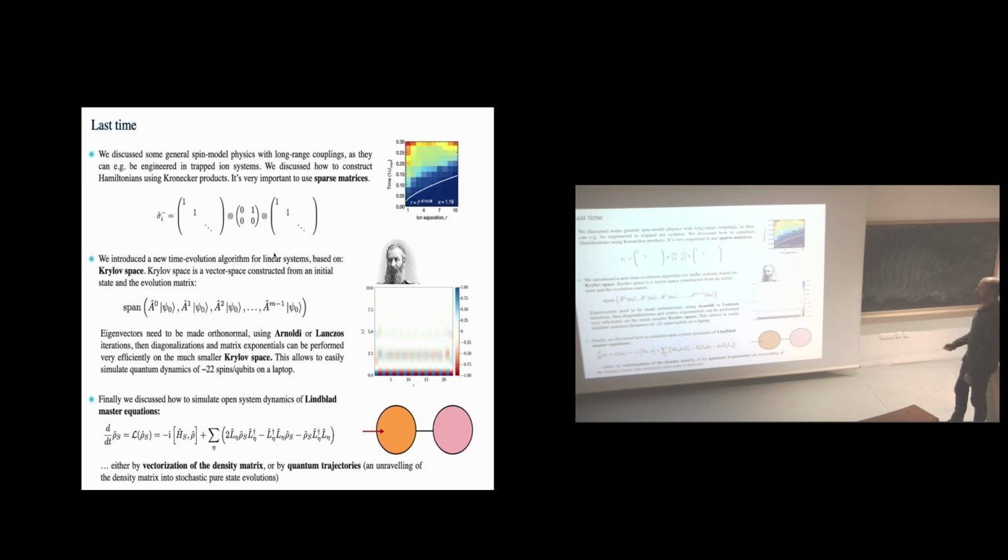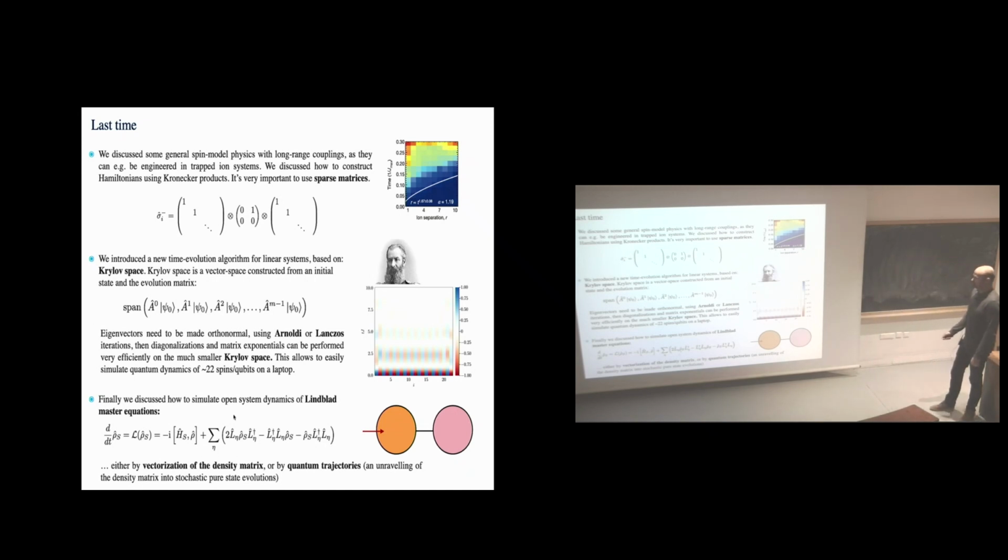We found a very good method was the Krylov space method to evolve a state vector from a time to a later time. It's a very nice approach: you construct your own space on which you solve the problem, starting from an initial state, using the powers of the evolution matrix that you want to apply.